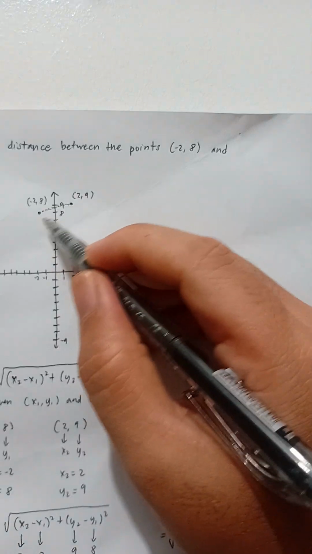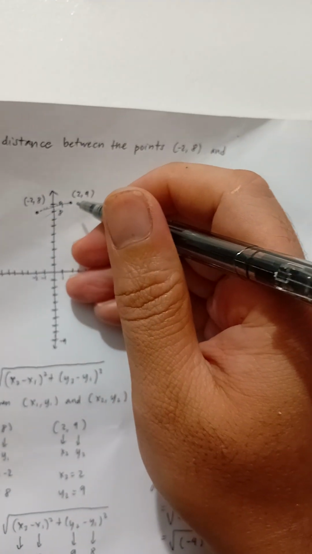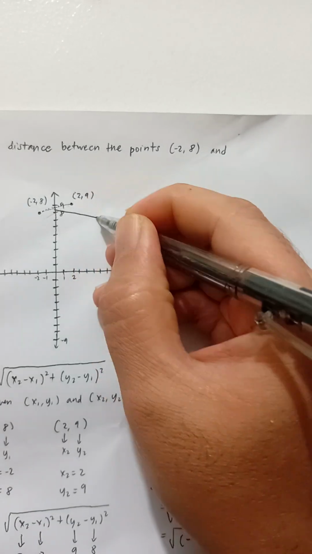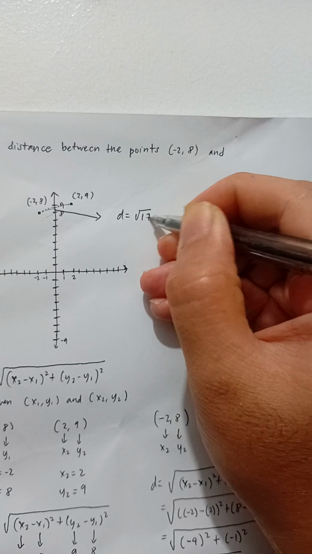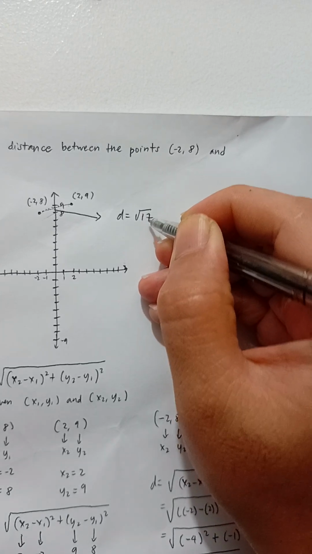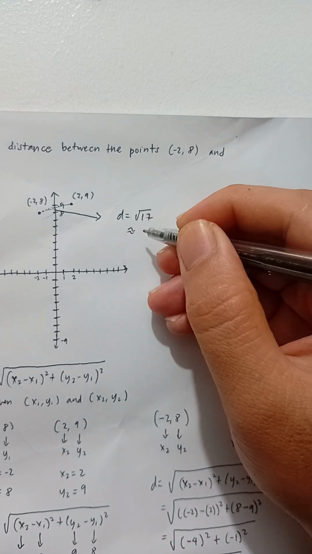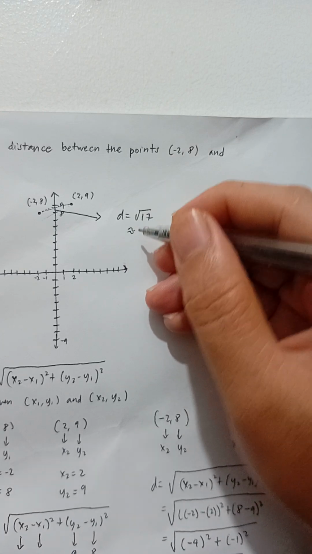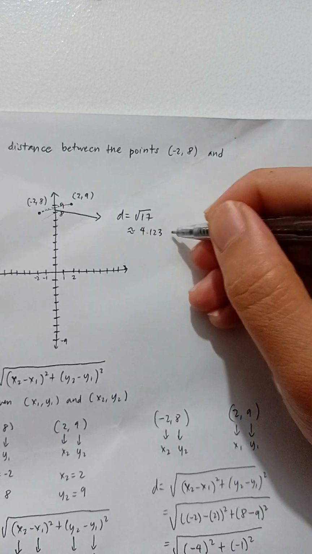And so this distance here is, according to our computation, d equals the square root of 17. This is the best measure, the most accurate. But if we want the approximate value, we can have 4.123 units.